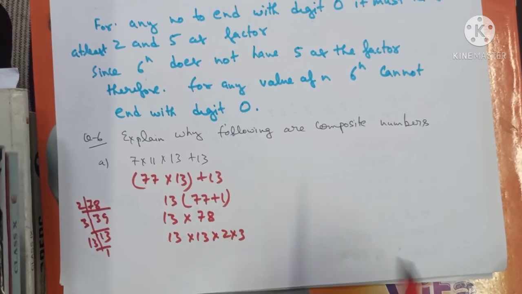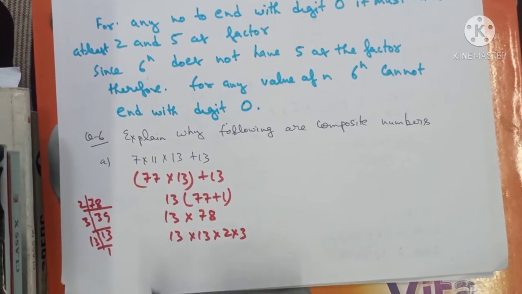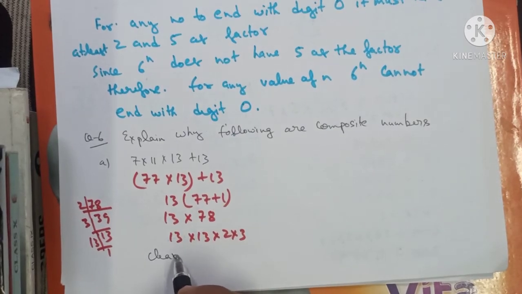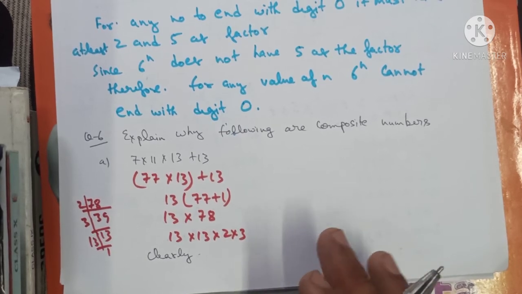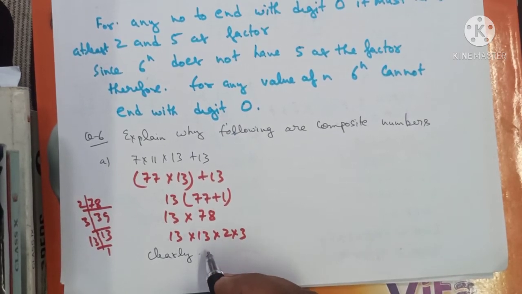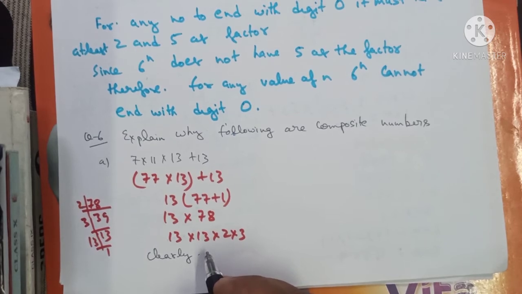Clearly we can see that for any number to be a composite number, it must have more than 2 factors. It must have factors other than 1 and the number itself.